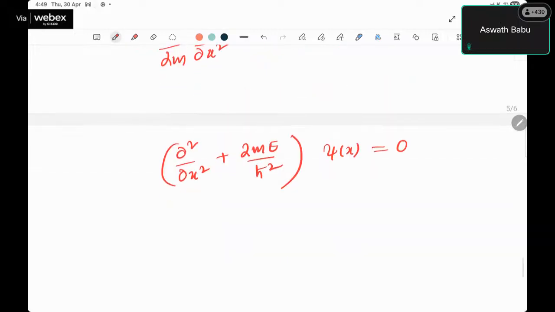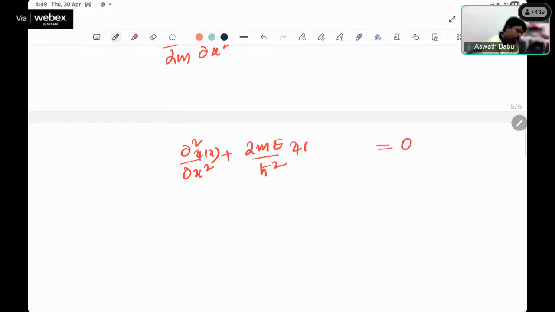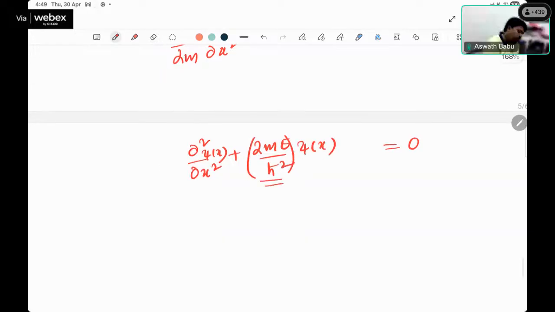For your convenience, I can write this factor as some constant, k squared, multiplying psi of x, which is equal to 0.